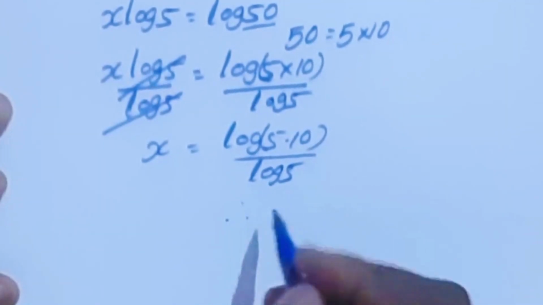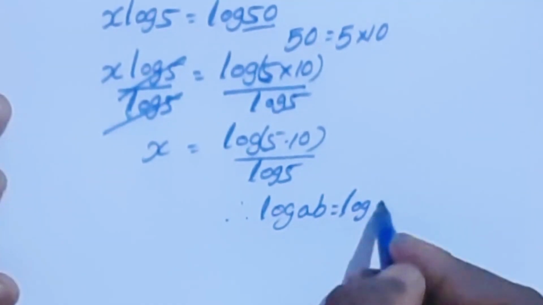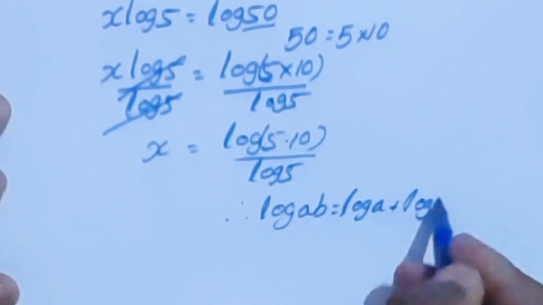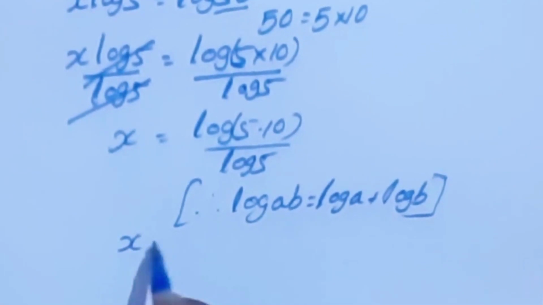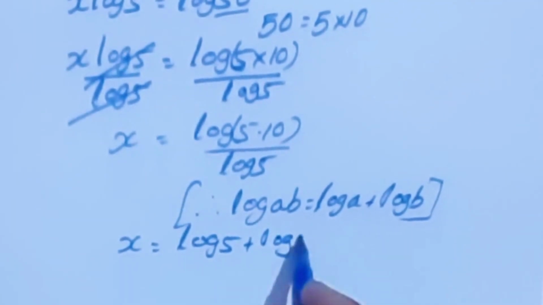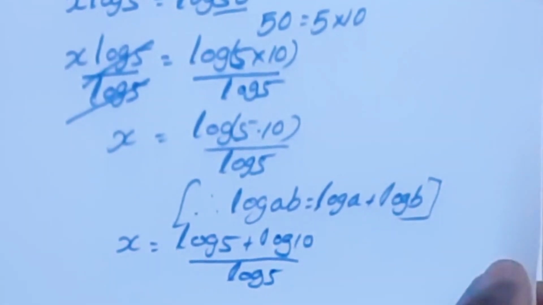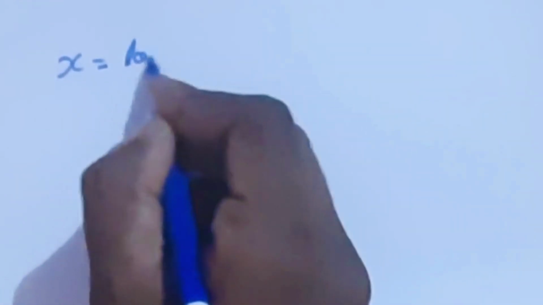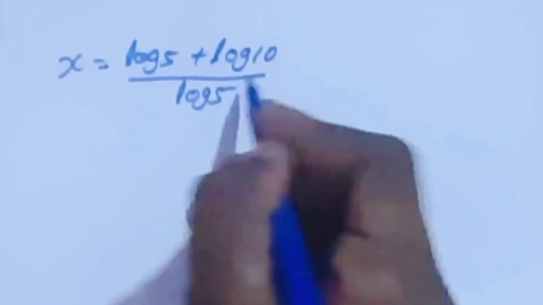Here we are going to apply the log product formula, that log AB equal to log A plus log B. This log product formula we are going to apply here. So we'll get x equal to log 5 plus log 10 by log 5.